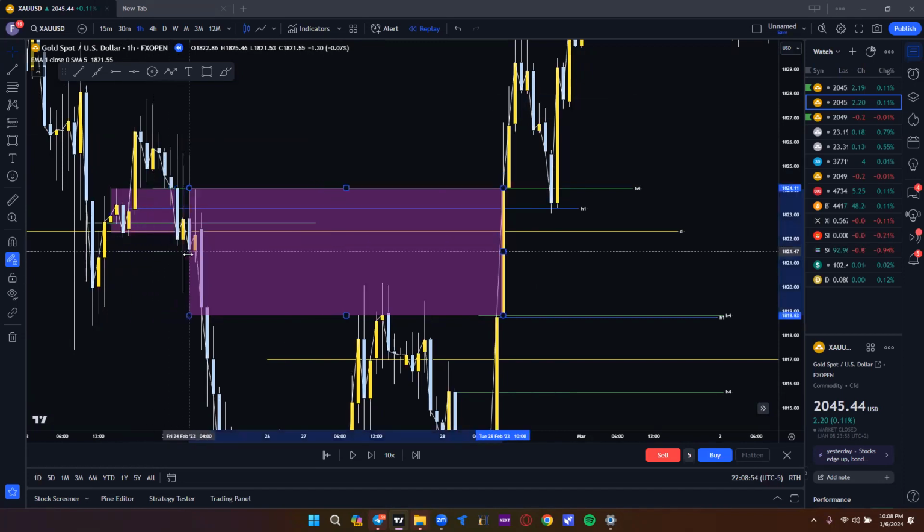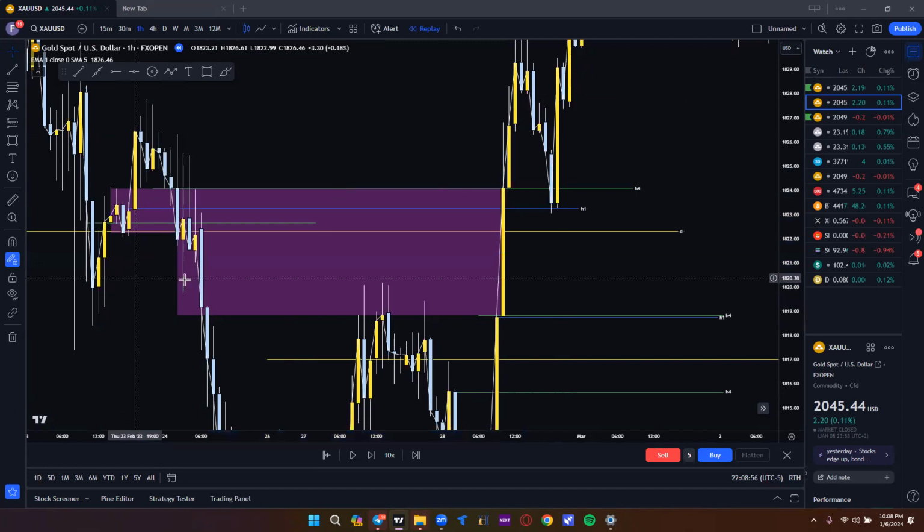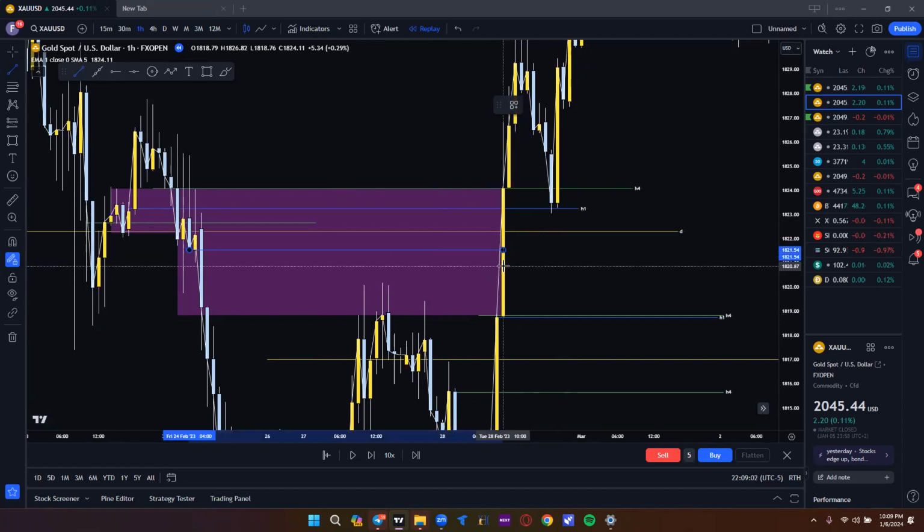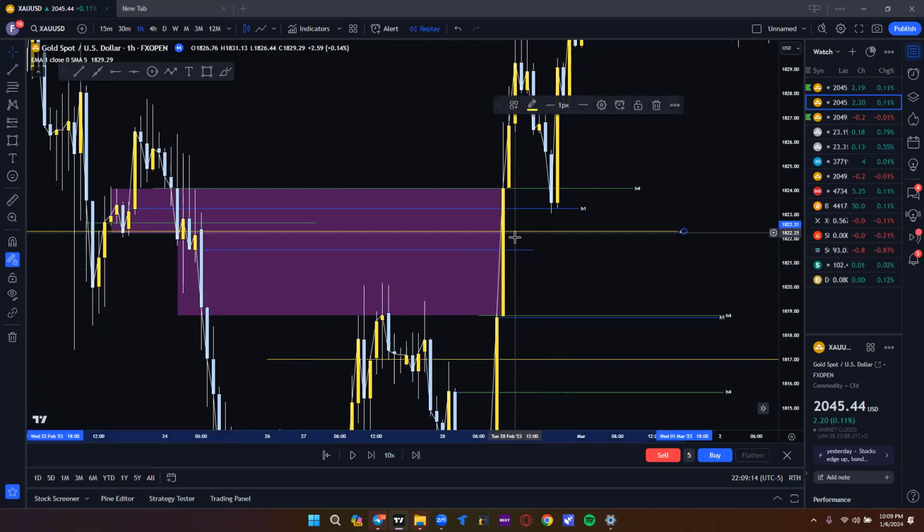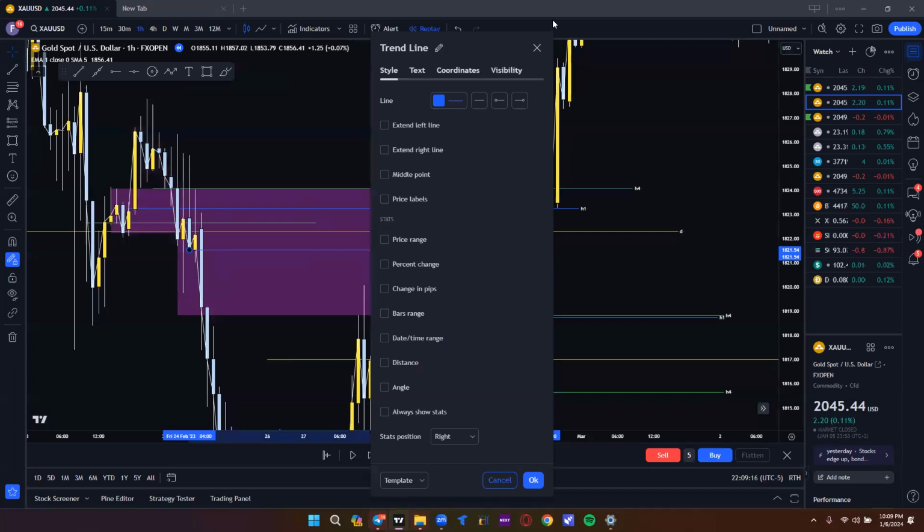The lower you go, the more levels you're going to find. But you can see it broke this level here on H1, which gives us an earlier indication that we're going to get higher pricing. It closed above the daily level here as well, but it also closed above this H1.